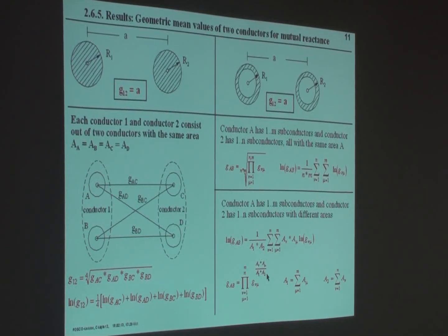And then we are looking for a formula which we can use to, if we call this 1 and this 2, what is G1,2? Geometric mean radius between one copper plated electrode and another copper plated electrode.